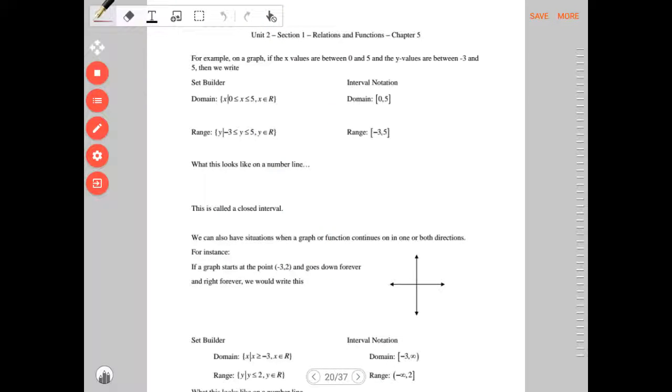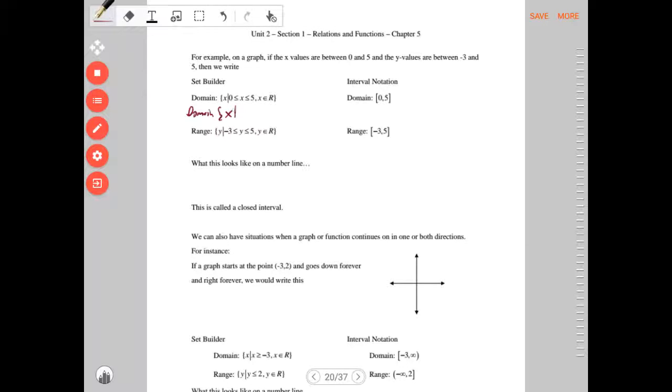moving on. Okay, so for example, on a graph, if the x values are between 0 and 5, and the y values are between -3 and 5, then we can write, in set builder notation, and I know this is kind of fancy, but you'll get used to it. So the domain is the set, so that's the curly brackets. So the domain is the set of all x's such that, so that little line is the abbreviation for such that. Okay, so now our x is in between 0 and 5.